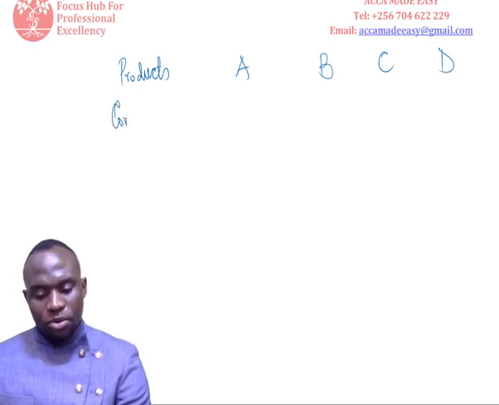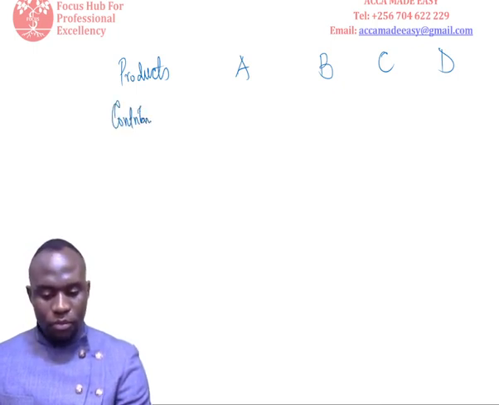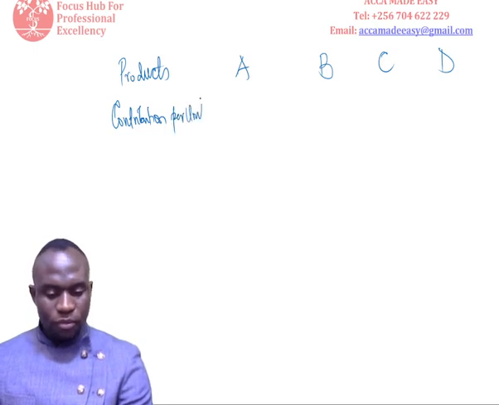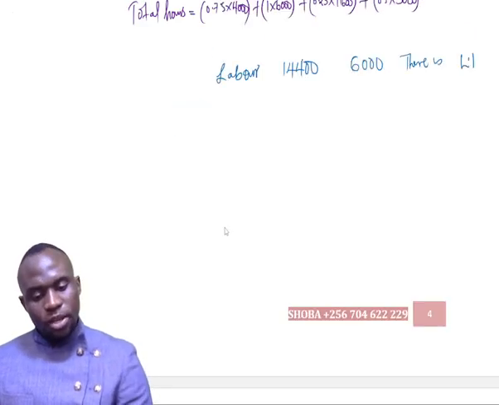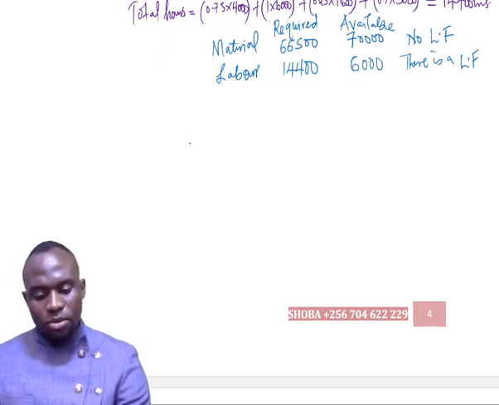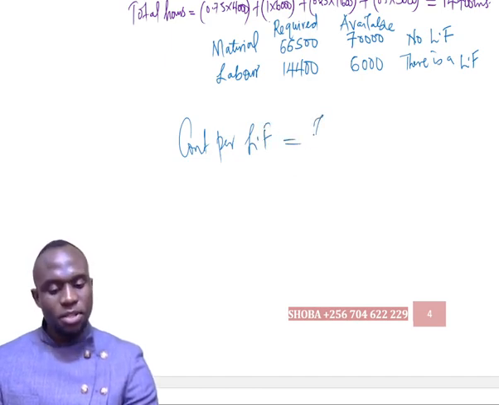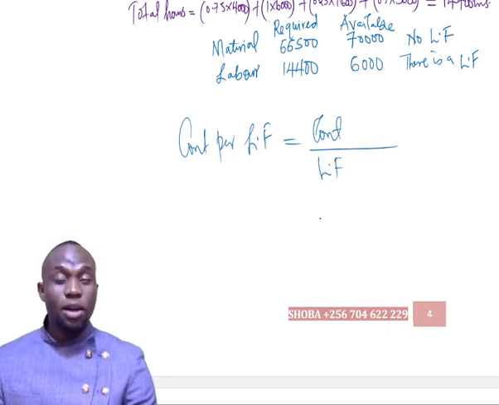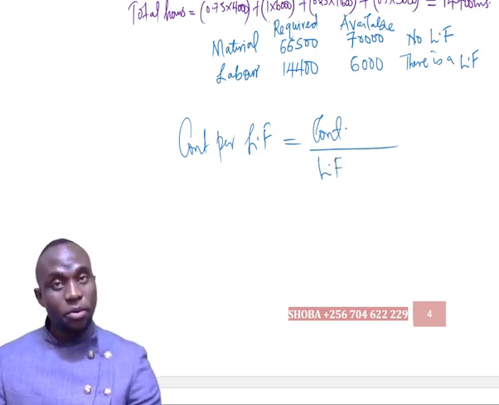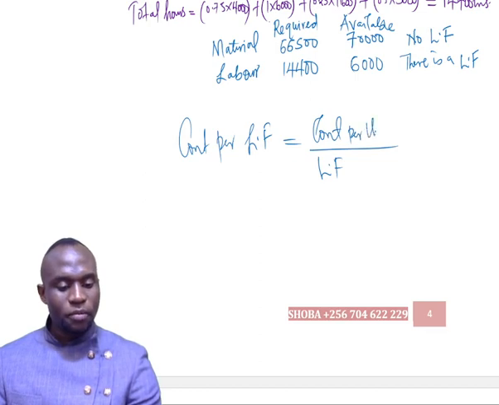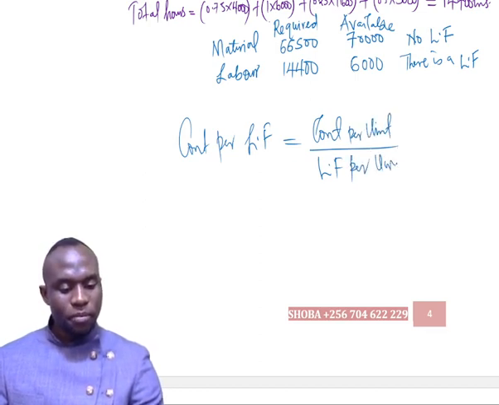We need to calculate contribution per unit. Because we say the aim is to calculate contribution per limiting factor. And what is this? It is simply contribution divided by the limiting factor. And we said everything is per unit, so we need contribution per unit divided by the limiting factor per unit.